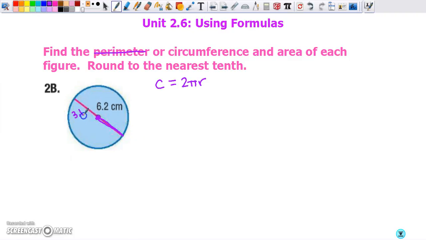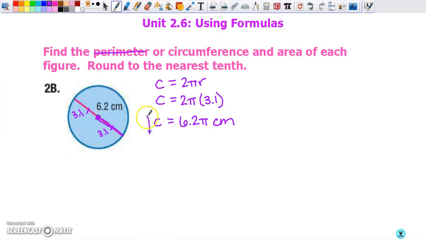So if I cut it in half into 2 congruent parts, then we have 3.1 on each end, giving us the radius is 3.1. So to get the circumference, we take 2 times pi and multiply it by our radius. And to keep it simple, you can just multiply 3.1 times 2 to get 6.2 pi centimeters.